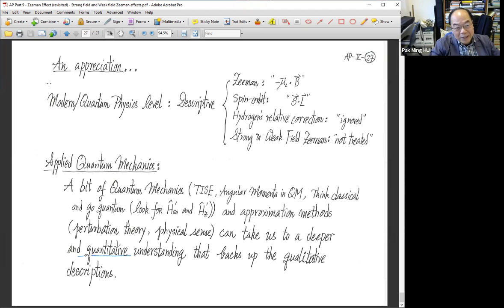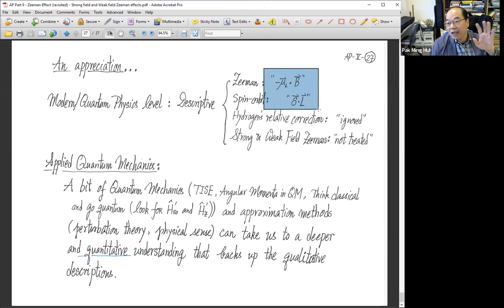And if you read only a quantum physics or modern physics book, you only get a descriptive exposure to this Zeeman effect, spin-orbit interaction.